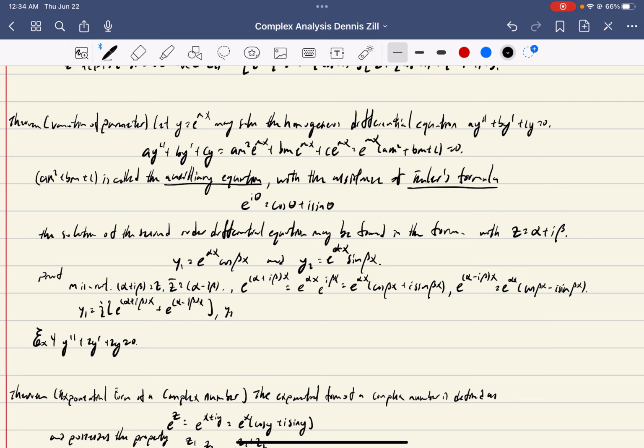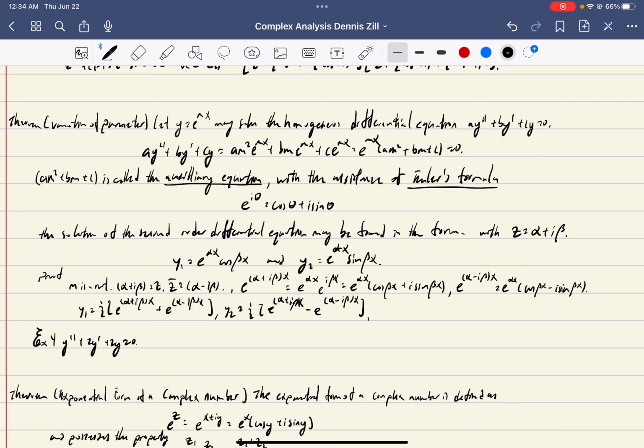And then y2 is equal to one half, now you subtract: e to the alpha plus i beta x minus e to the alpha minus i beta x, right?